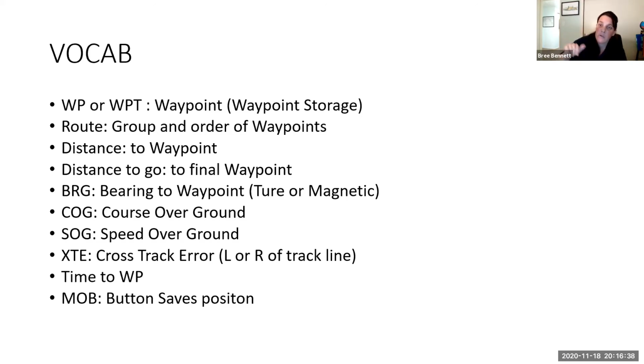You don't have to go to a menu, save my position, I dropped a crab pot over here. It's just a one click save your position button. It does not call the authorities. So don't push it and expect somebody to come find you.